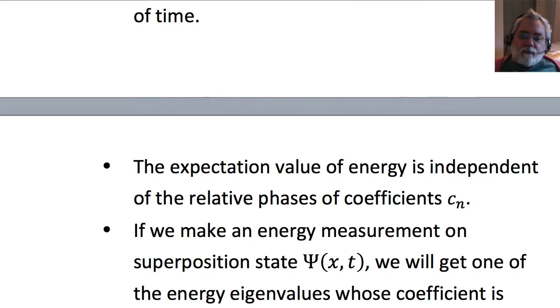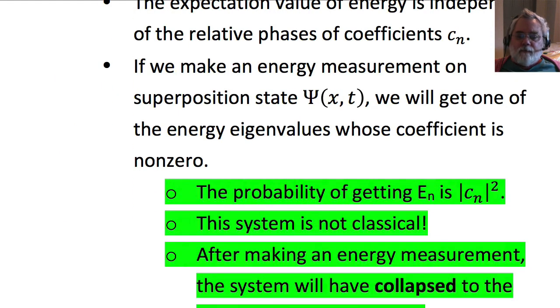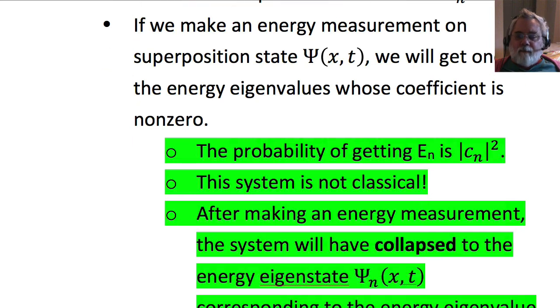If we make an energy measurement on superposition state psi, we will get one of the energy eigenvalues whose coefficient is non-zero. The probability of getting E sub n is the square of the magnitude of C sub n if E sub n is non-degenerate, so there's only one term for it. The system's not classical.